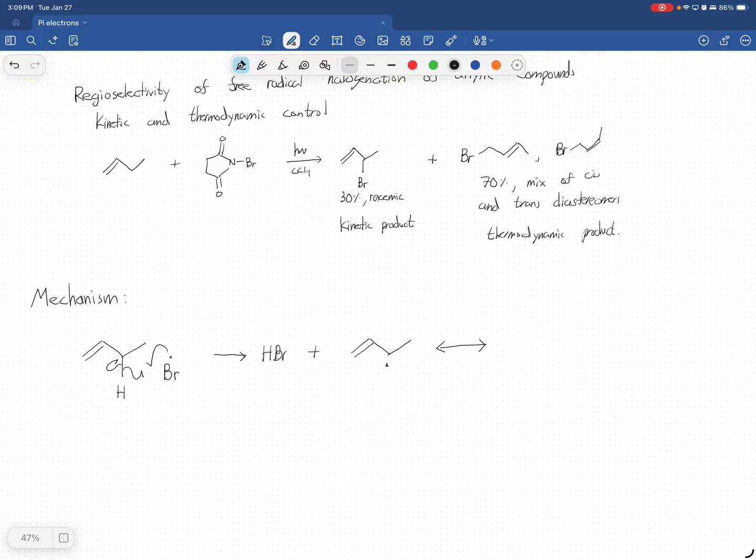We could probably draw a resonance structure, right? So where would this radical also show up? On what carbon? Yeah, to the left, right? So let's show those arrows just to see how that works. So we're going to draw 3 arrows again, draw a different resonance structure.